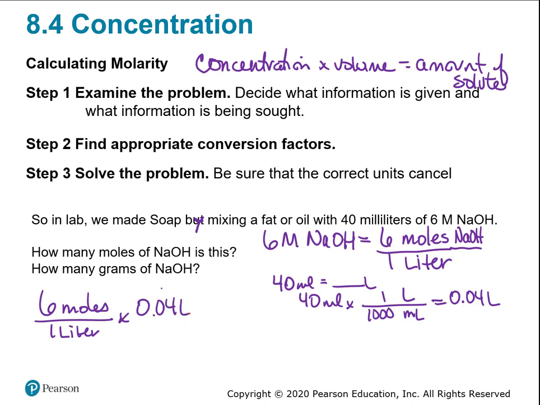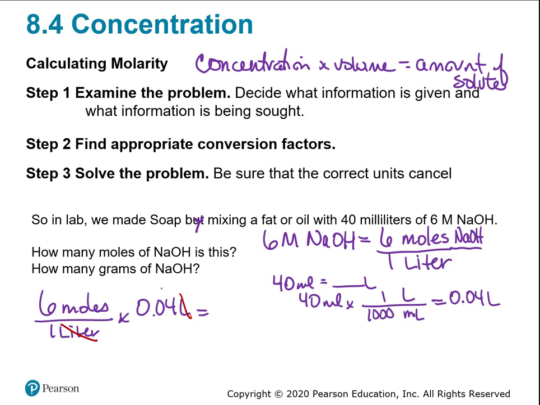So now I can use this because now liters and liters can cancel. So concentration times volume is going to tell me how much of my solute. So liters and liters will cancel.